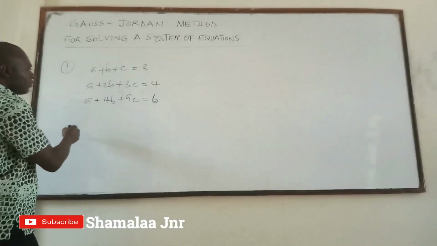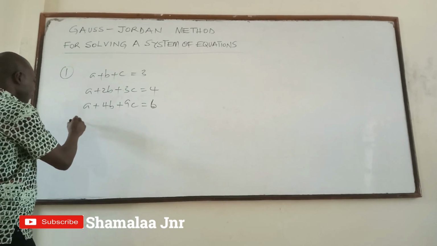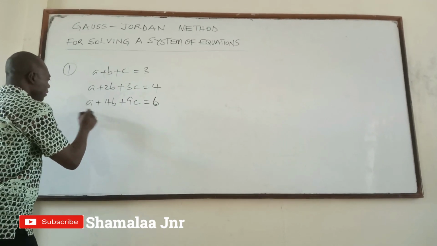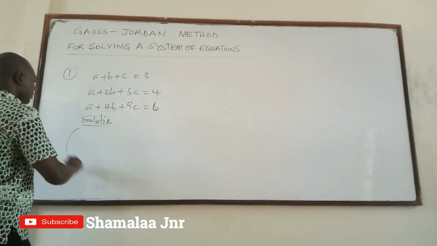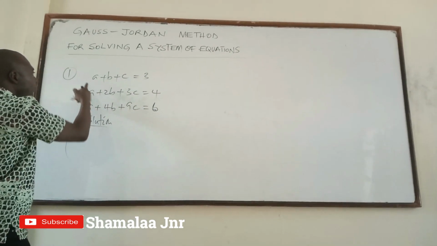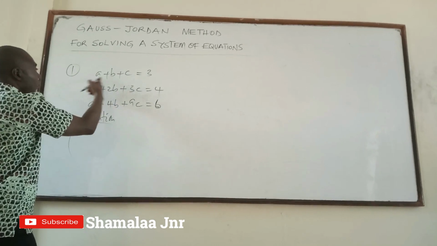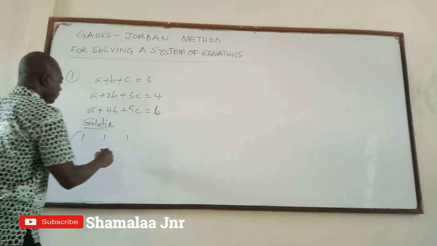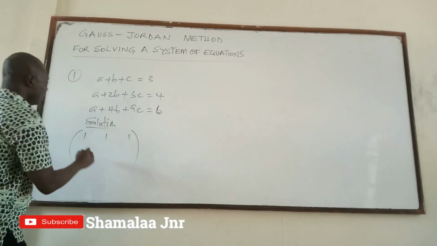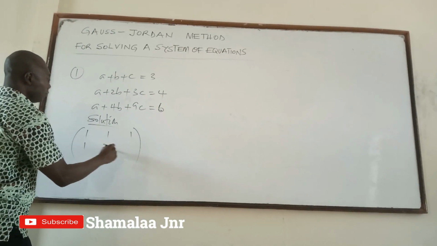Now, first of all, you have to get the matrix. So, first of all, solution. The matrix will be like this. You write the coefficients as usual. So, you are going to have 1, 1, 1. And then this one will be 1, 2, 3.